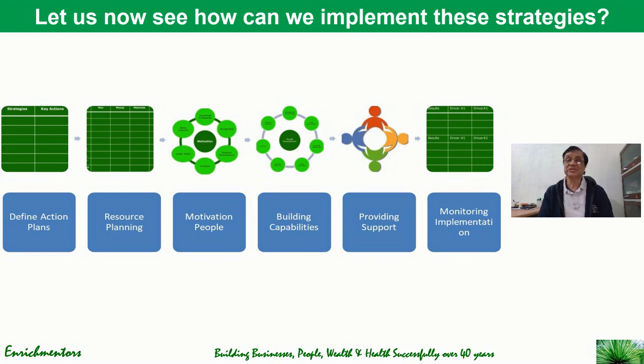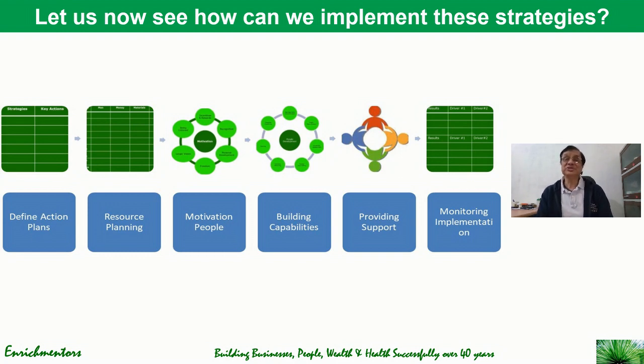So you need to provide the support. And finally, you need to keep monitoring the progress on each of the action plans and see what support you need to give and what compliments you need to give as you go forward. Right? Makes sense? And we will take a look at each of these as we go forward.